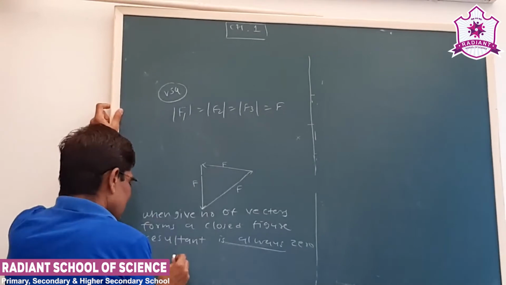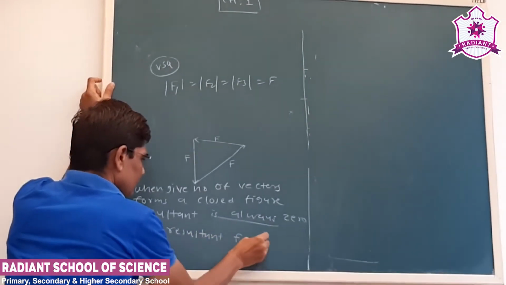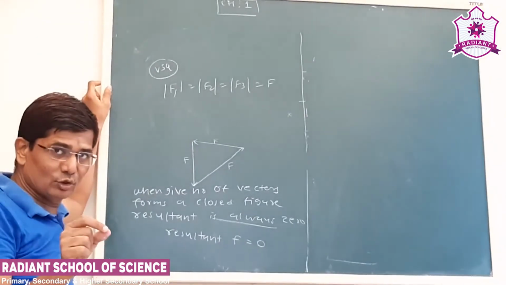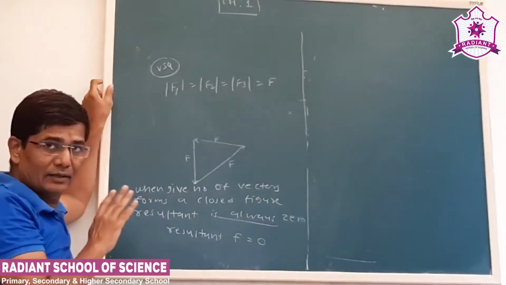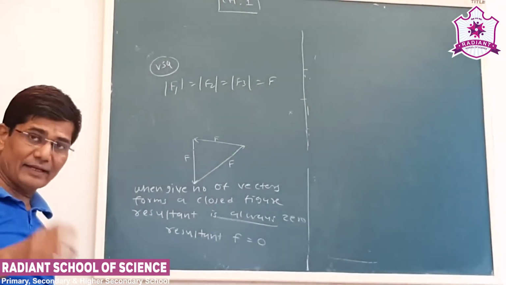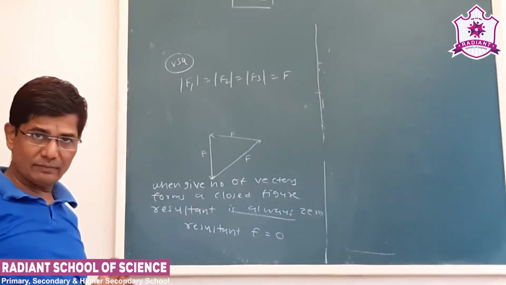So here also the resultant is zero. If it is asked in a VSQ or MCQ, we will go by this method. This can actually be applied to any vector quantity, which we have to keep in mind.